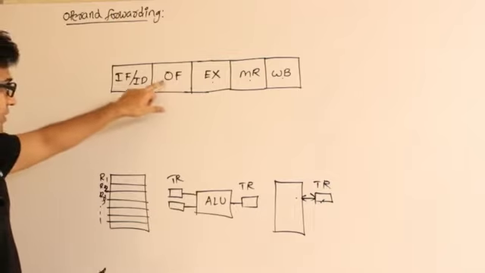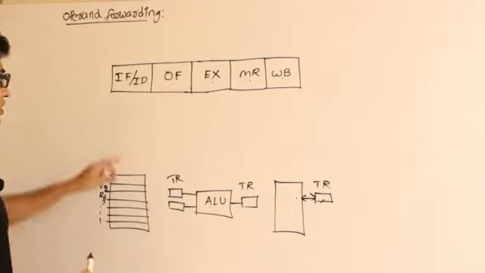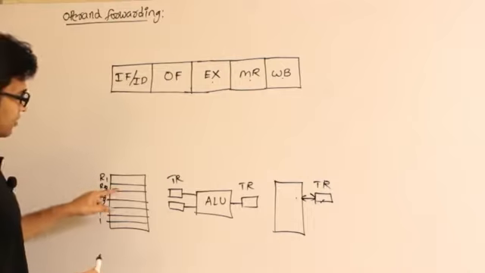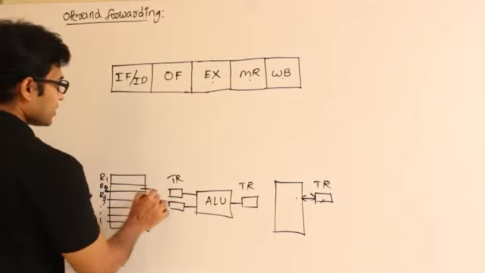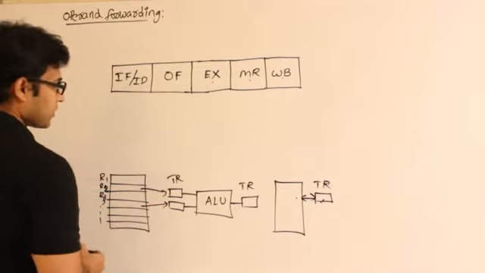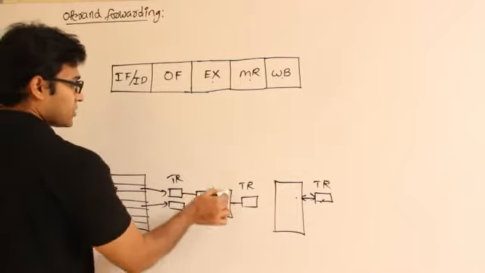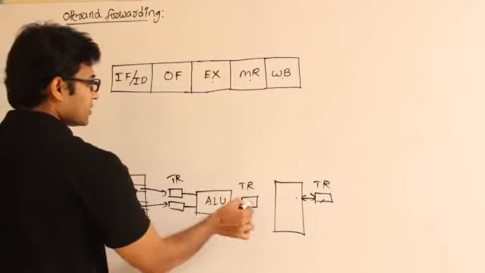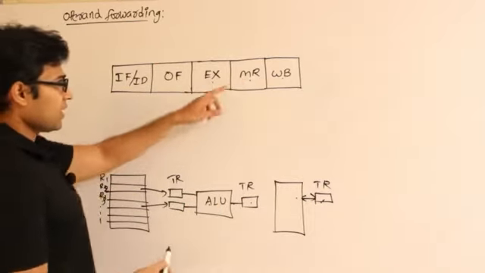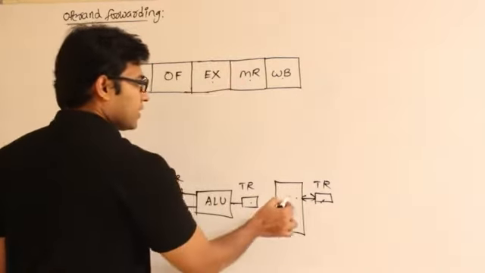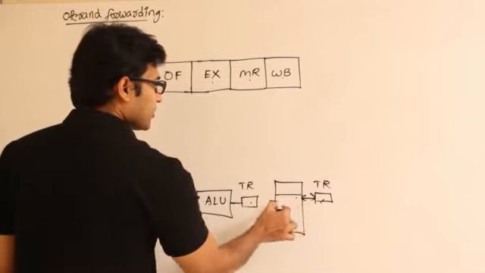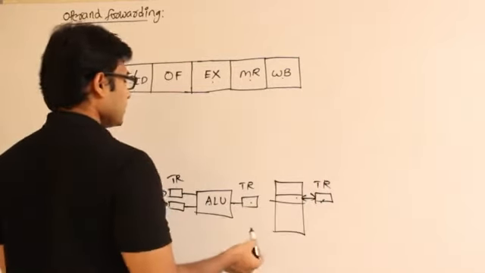In operand fetch, this phase will select the operands and read them into these input registers. In the execution phase, the exact operation is performed and the result will be written into this temporary register. In the memory phase, whatever you want to read from or write to the memory will be handled.